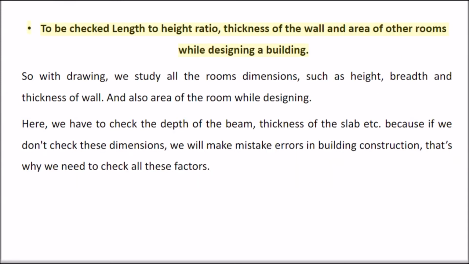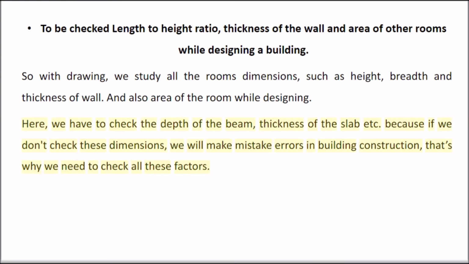To be checked: length to height ratio, thickness of the wall and area of rooms while designing a building. So with the drawing, we study all the rooms' dimensions, such as height, breadth, and thickness of wall, and also the area of the room while designing.